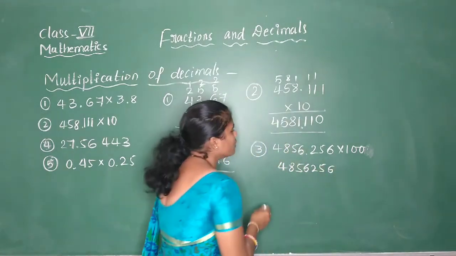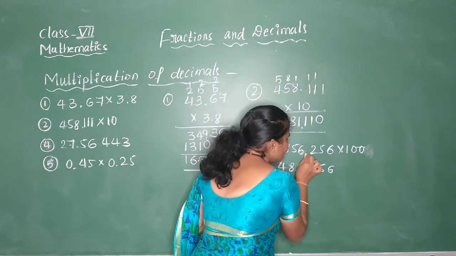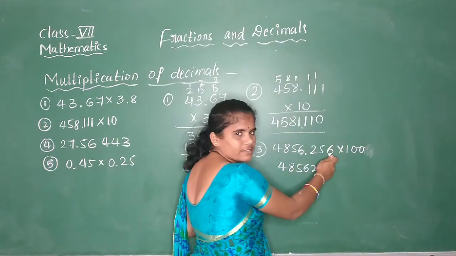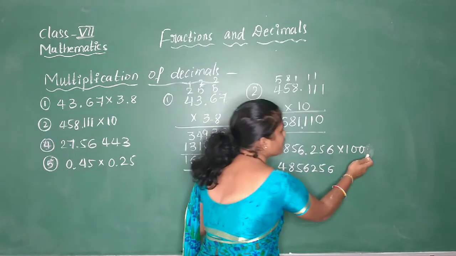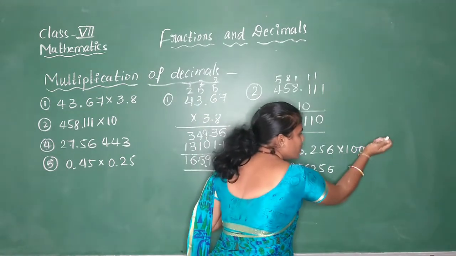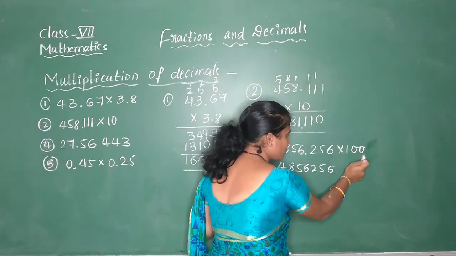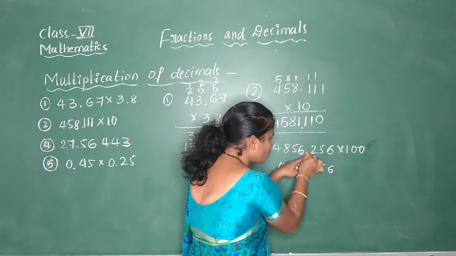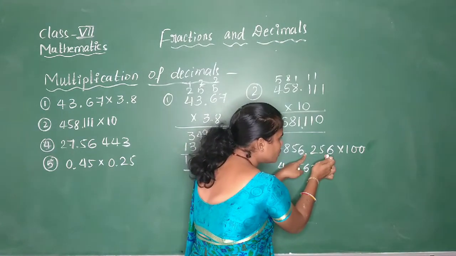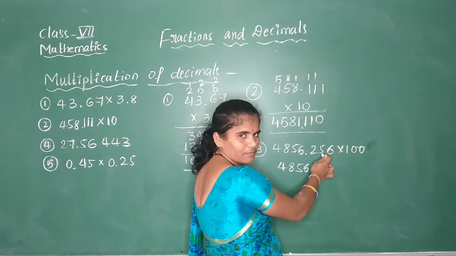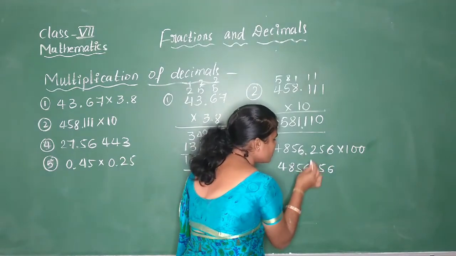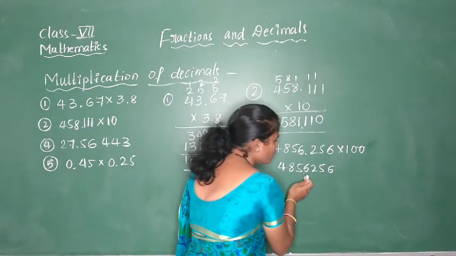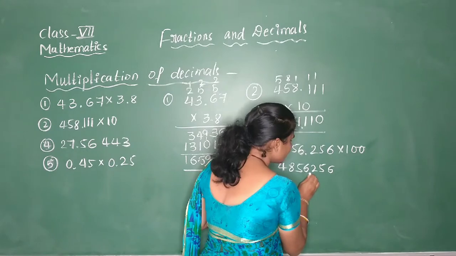After the point, 3 digits are there, isn't it? Here 2 zeros are there, so we have to put a point after 2 digits here. Here the point is there, isn't it? So sorry, the point is here.